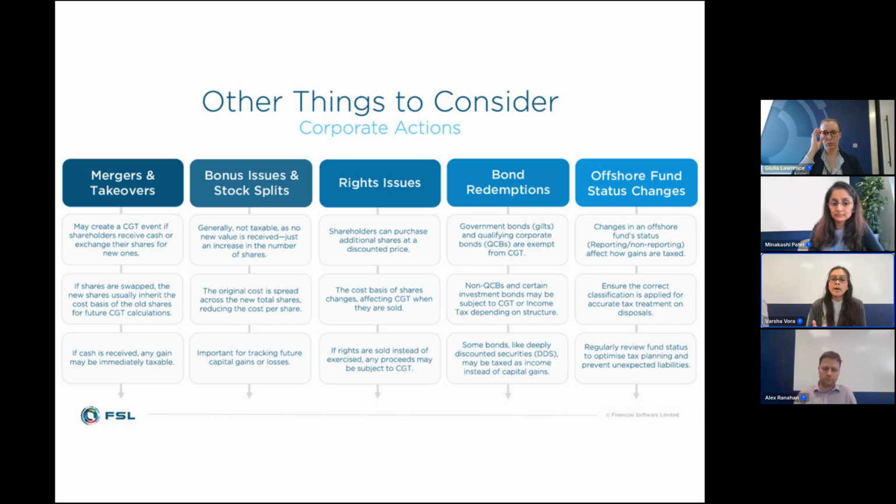Again, this will ensure that any subsequent disposals for any of these assets are as accurate as possible, and therefore your investors' gain or loss at the end of the tax year and their overall CGT consideration is as accurate as it can be, based on all of the things that have taken place over the course of the tax year for that particular investor.